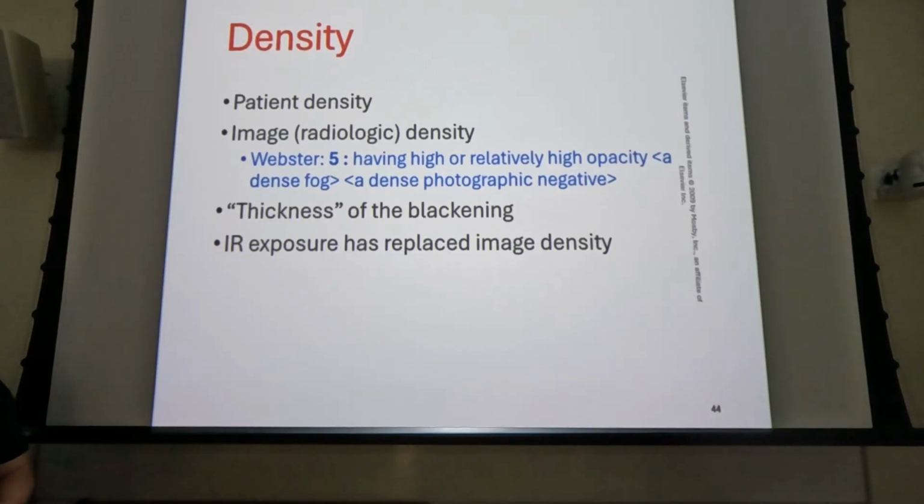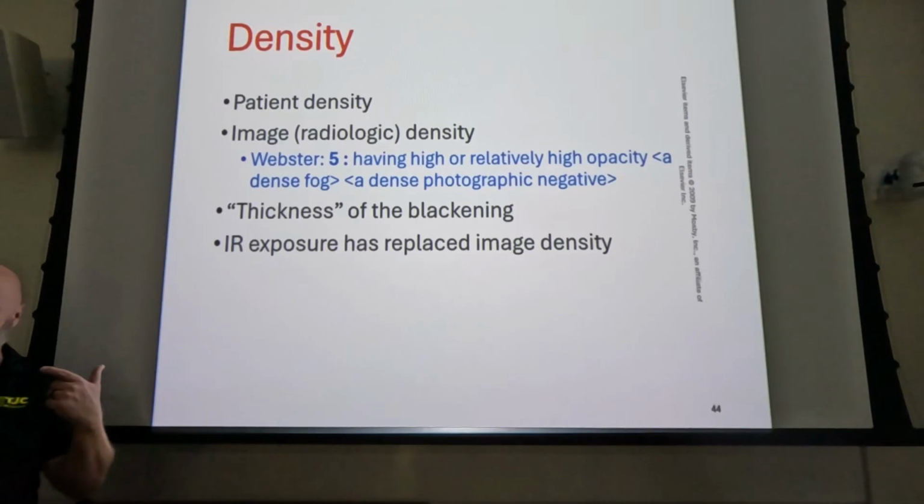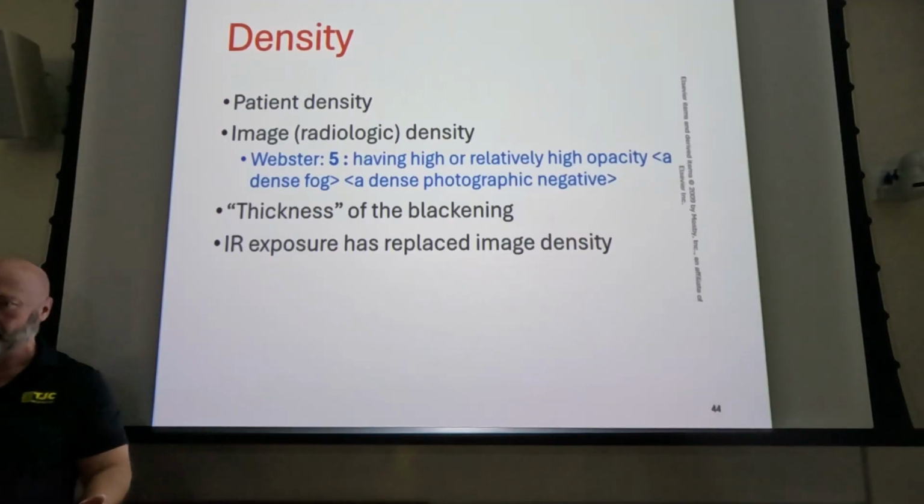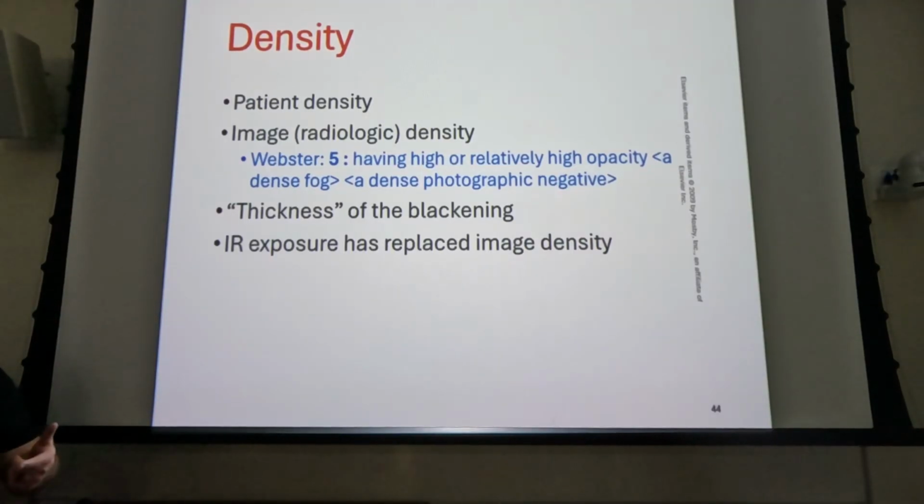So high patient density gives you low radiographic density. Okay. Contrast again is the difference between those 2. The description of contrast in a question would be the difference in radiographic density between adjacent structures, something like that.